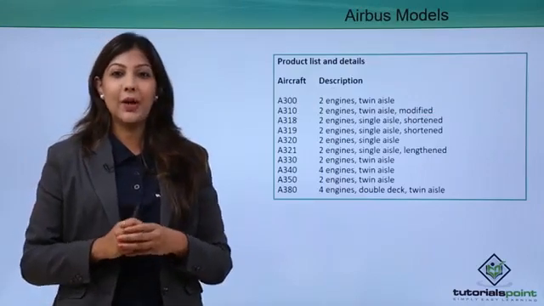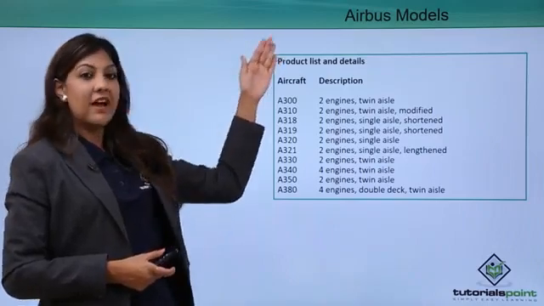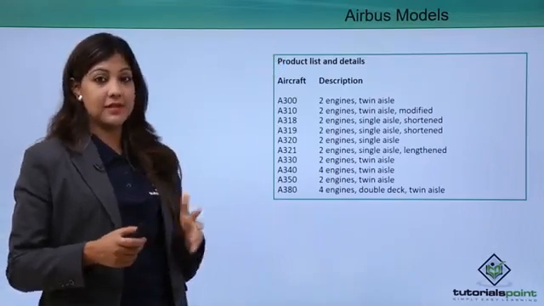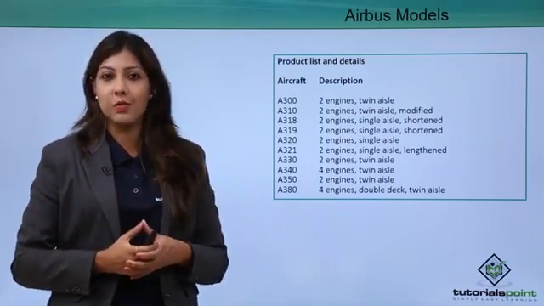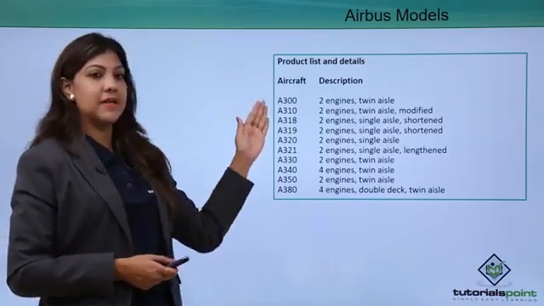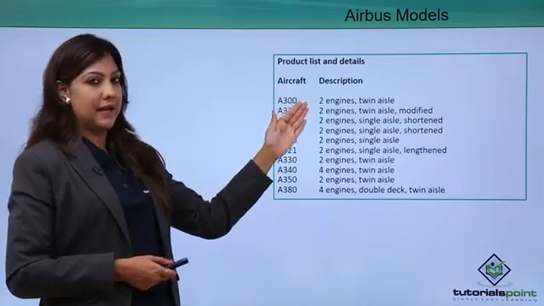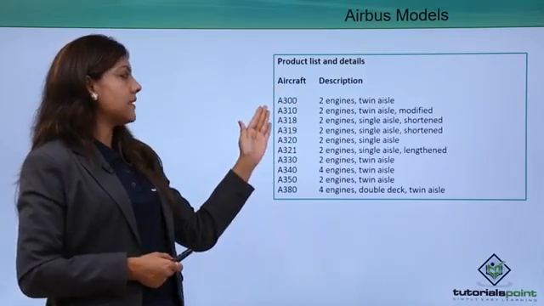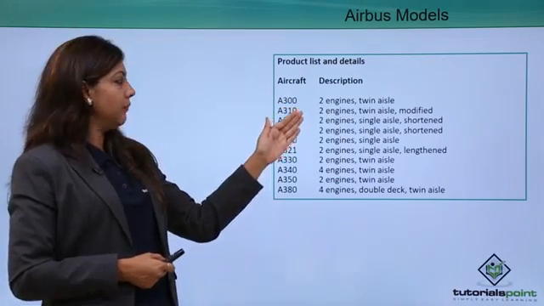Let's quickly look at the aircraft models for Airbus. Under Airbus, we have different aircraft types. Now, you must never have wondered that Airbus can have such huge models within itself. We have Airbus 300, which is a twin-engine, twin-aisle airline. Airbus A320 is a twin-engine, twin-aisle, and it's modifiable.